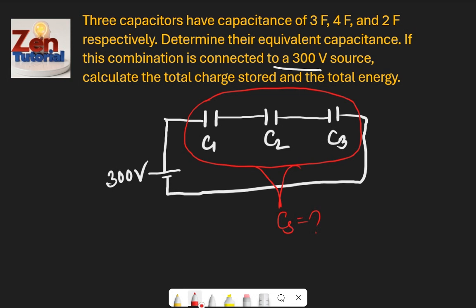Indeed, we know that when capacitors are in series, we could write 1 by CS, the combinational value, equals 1 by C1 plus 1 by C2 plus 1 by C3.